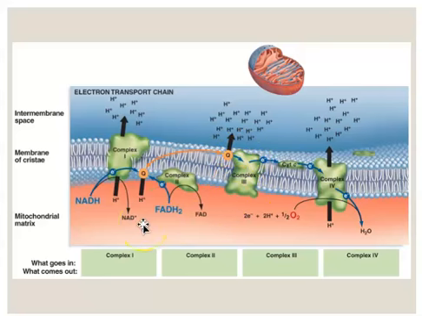Now, here's the other work that Q can do. Q can act as a pump. So Q can actually help carry protons across the membrane as well. You can see some protons are traveling across the protein complexes. They're being pumped with the protein complexes, but they're also being pumped with Q.